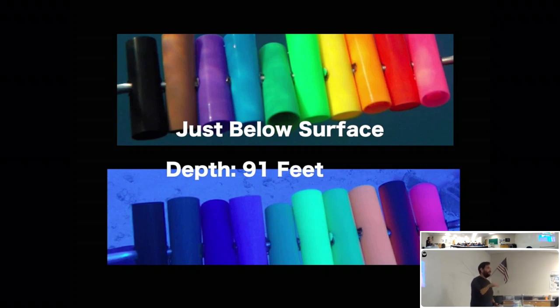Red does not get very far down at all into the water. Look at this red one. Isn't that crazy? It's almost black. It's really dark. It's one of the darkest ones, probably second only to actual black, or maybe the third darkest. So red just does not make it very far down into the water.